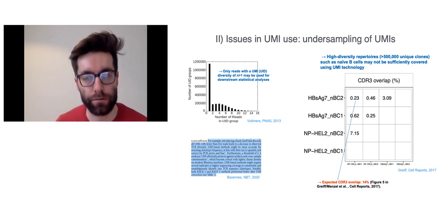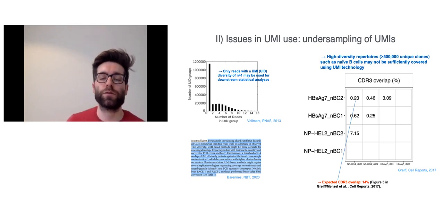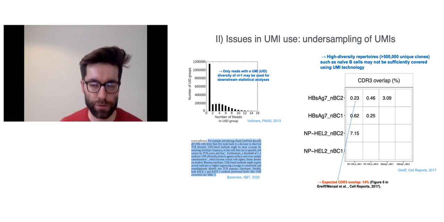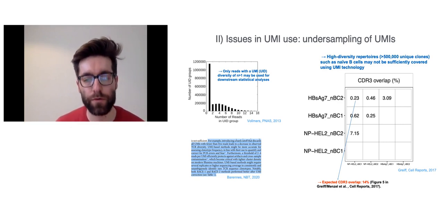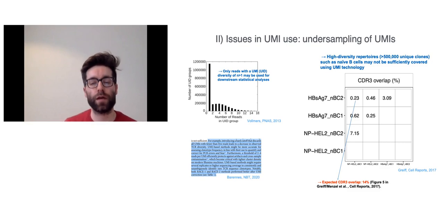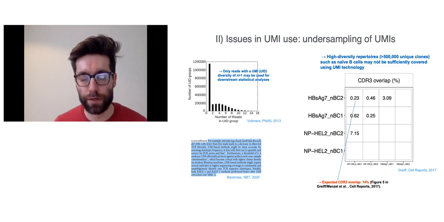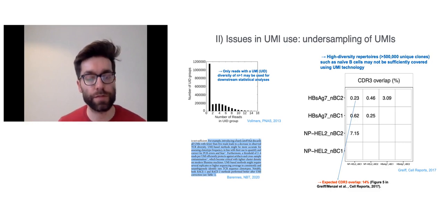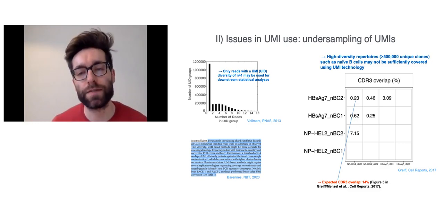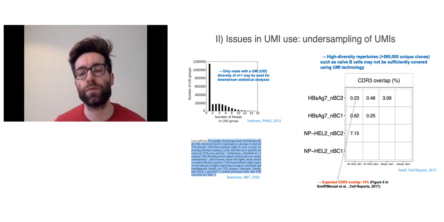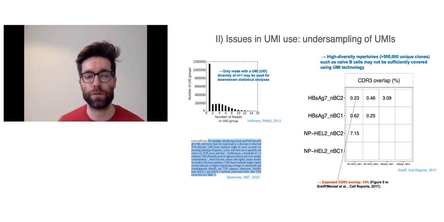We have also seen this in our data, where I show here again the CDR3 overlap on the right, where the expected overlap, if we do not correct for UMI, is about 14%. And if we use UMIs, it goes to 0.23% because we have to throw away so many reads because we cannot use them for consensus read building.